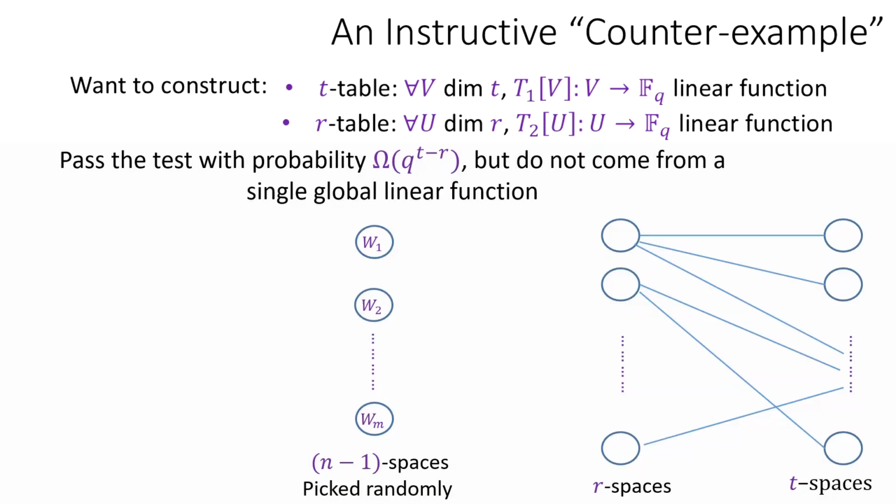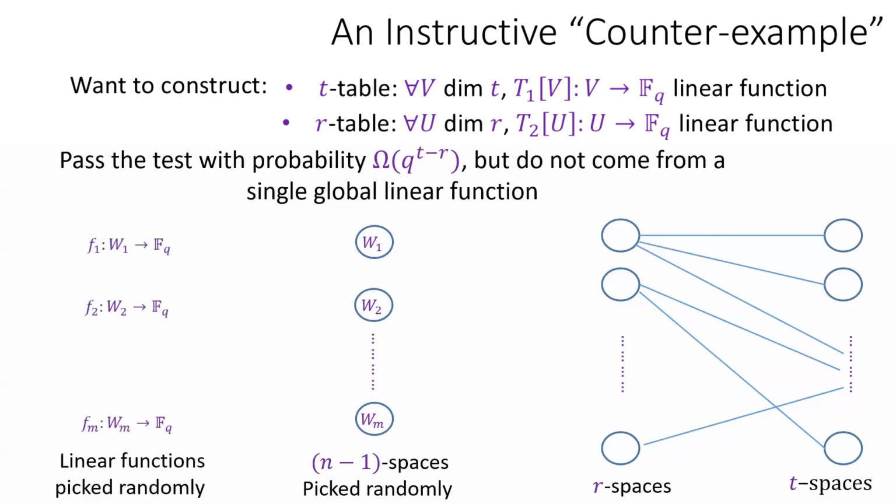Think of W1 to Wm as being generic, meaning I sample them uniformly. And for each one of these hyperplanes, I've also picked a linear function on it completely randomly. These linear functions f1 to fm have nothing to do with each other. They're completely independent.